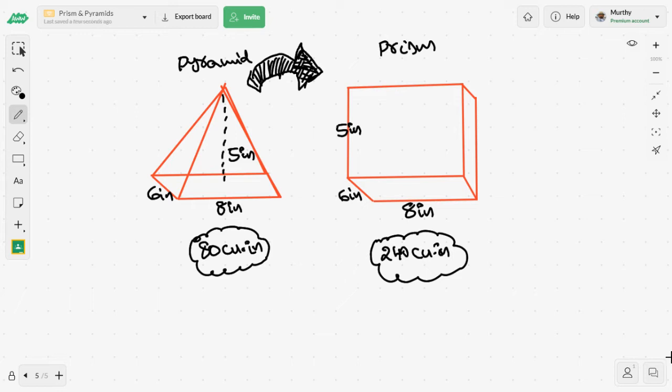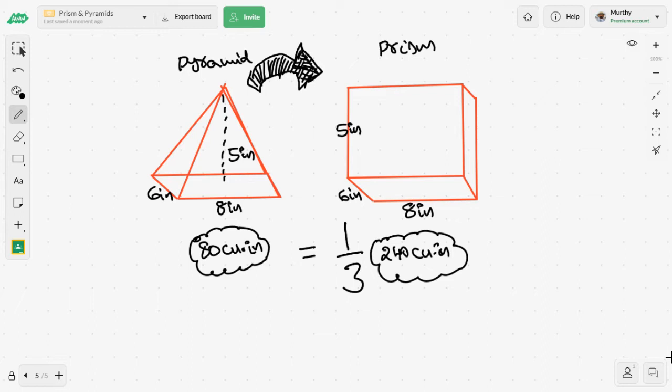When you pour 3 times, 3 times 80 equals 240. Does it make sense? Or else you can say that one third of 240 equals this one, right?